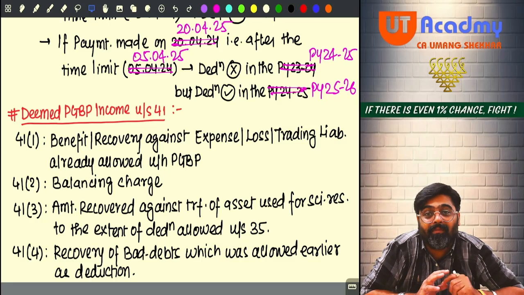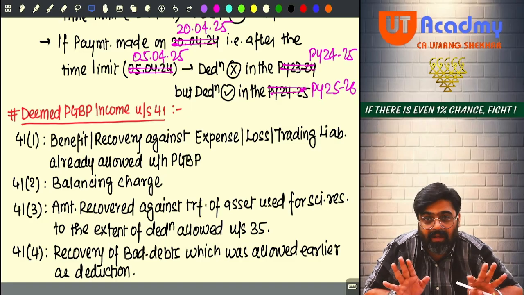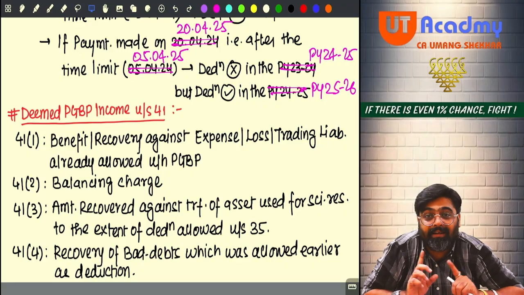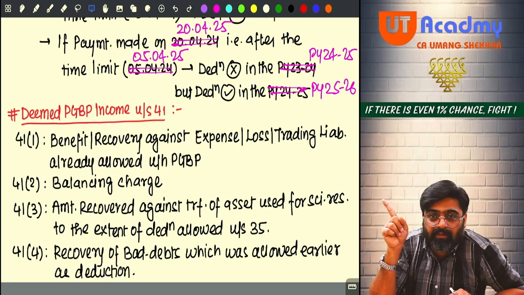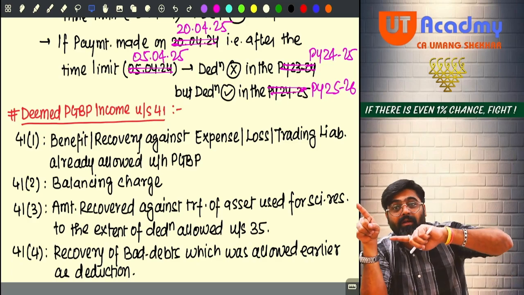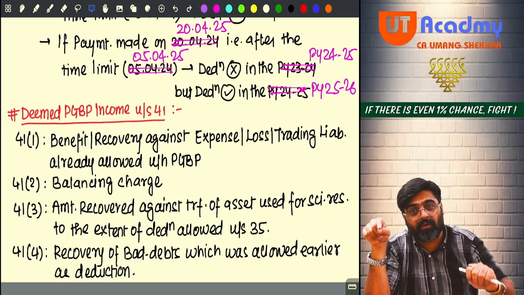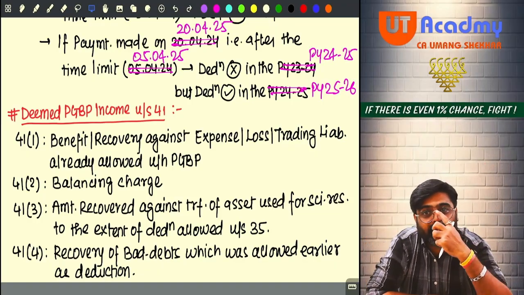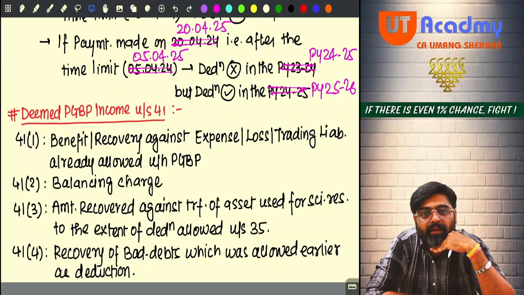So you made him a payment of 4 lakh 90 thousand and the 5 lakh account got settled. Against that 5 lakhs, which was already allowed, how much are you paying? 490 only, meaning 10,000 benefit you are getting against this trading liability in the form of discount.